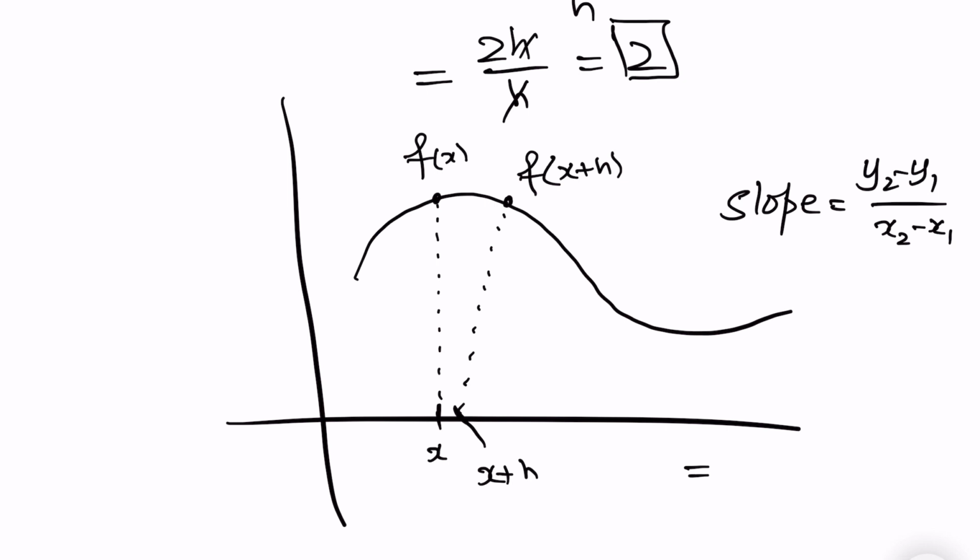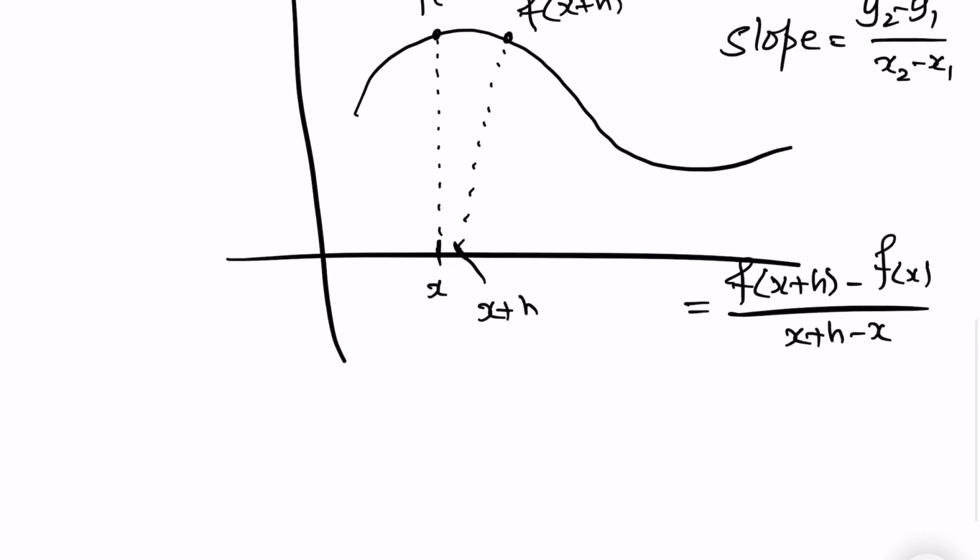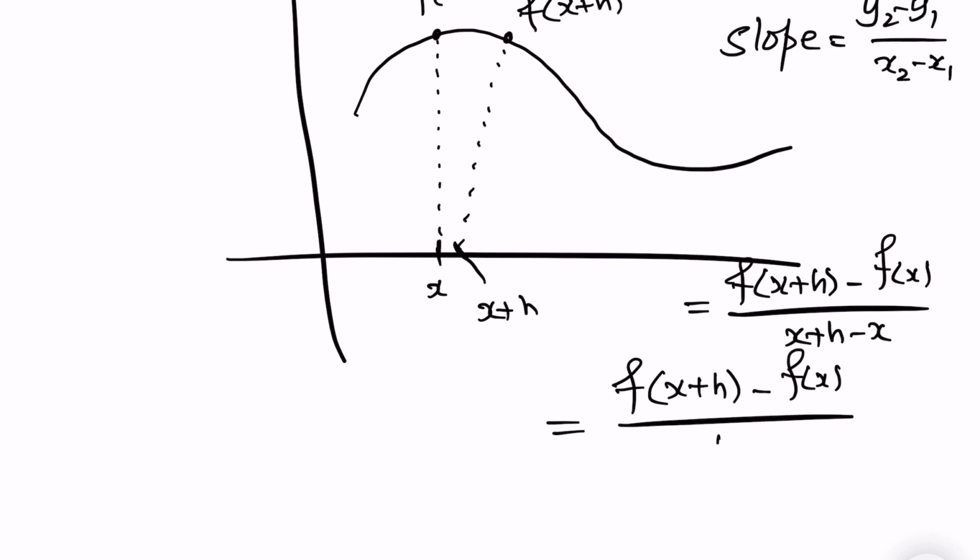So in this case we can say that this is f of x plus h minus f of x, divided by x plus h minus x. So you can see that this is f of x plus h minus f of x divided by h, and this is your difference quotient.